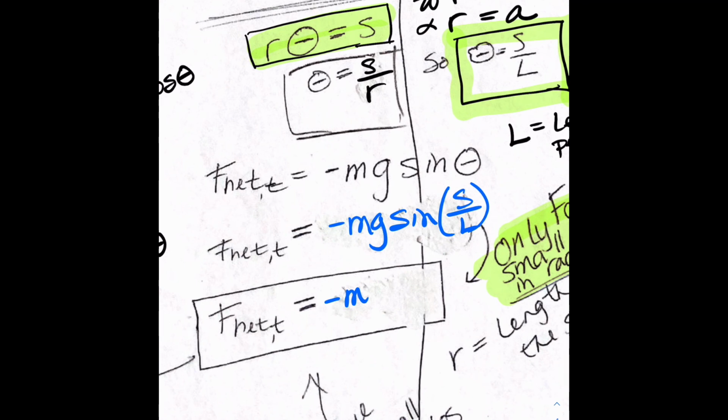We have down here the negative mg S over L. So this is true at small angles only, and that's what we have to remember here.